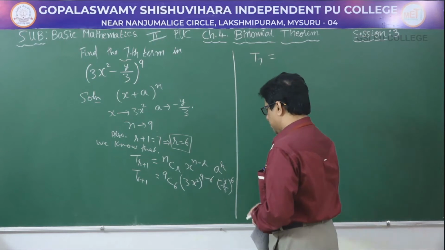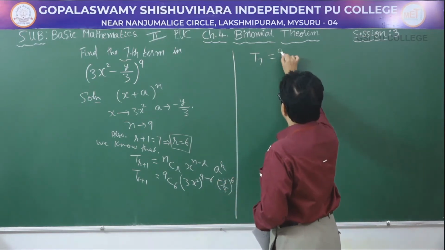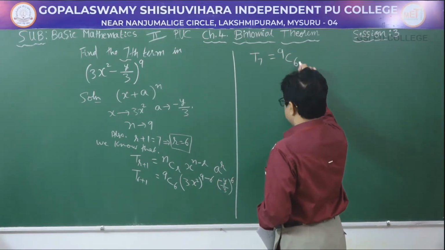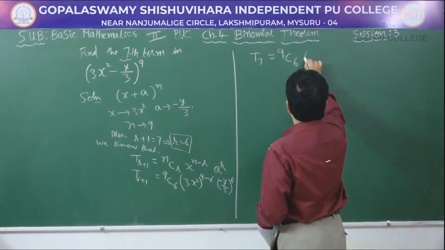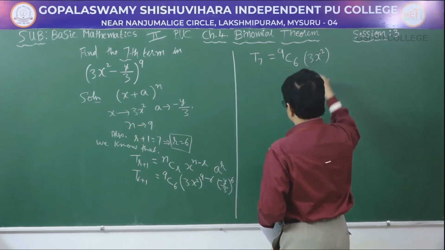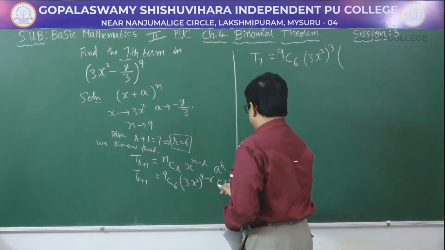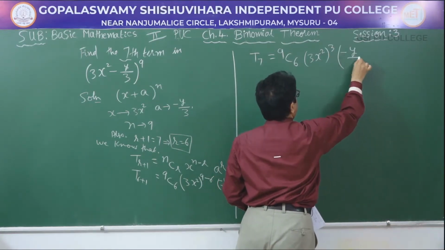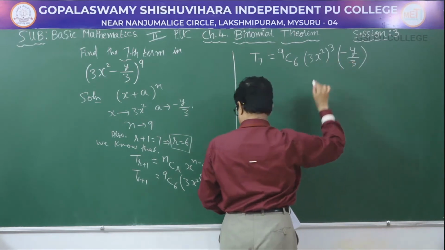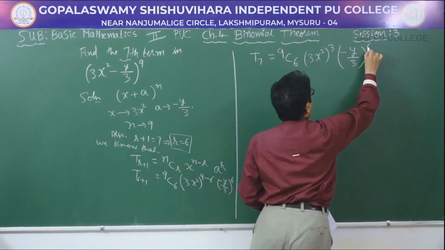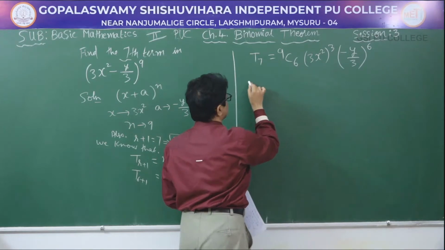So, T7 is equal to 9C6 into 3x square whole power 9 minus 6 is 3 into minus y by 3 whole power 6.